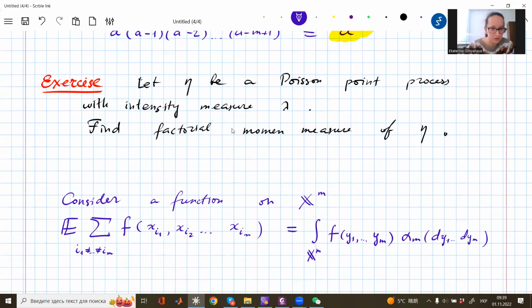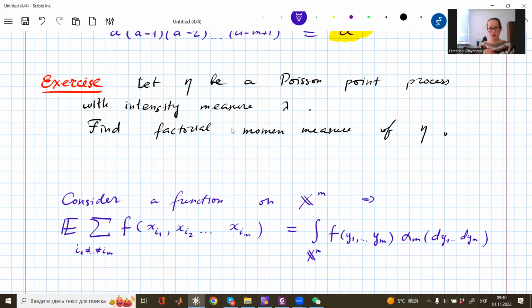So why is it so? Here we just need to use the definition of our product of factorial power, and the idea of proof is the same as we had with the Campbell formula.